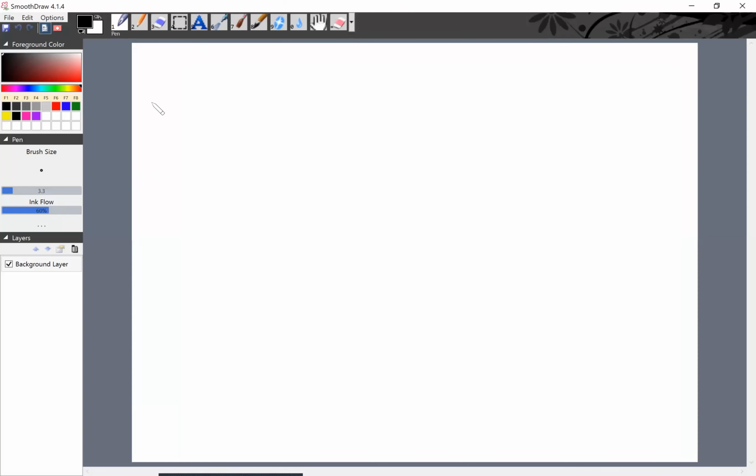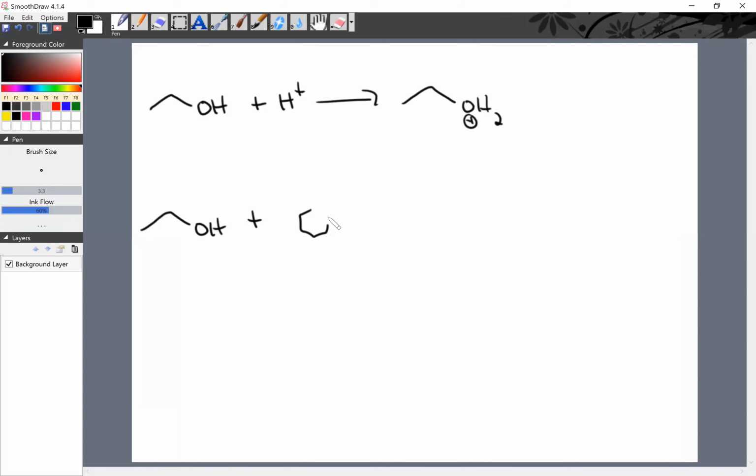All right, when you've got your alcohols, yes, you could protonate it. Okay, so that's one way to make a good leaving group. Another way is, and I'm just going to do generic here. Most of them have benzene in it. Oh, I can't remember if there's an oxygen there.